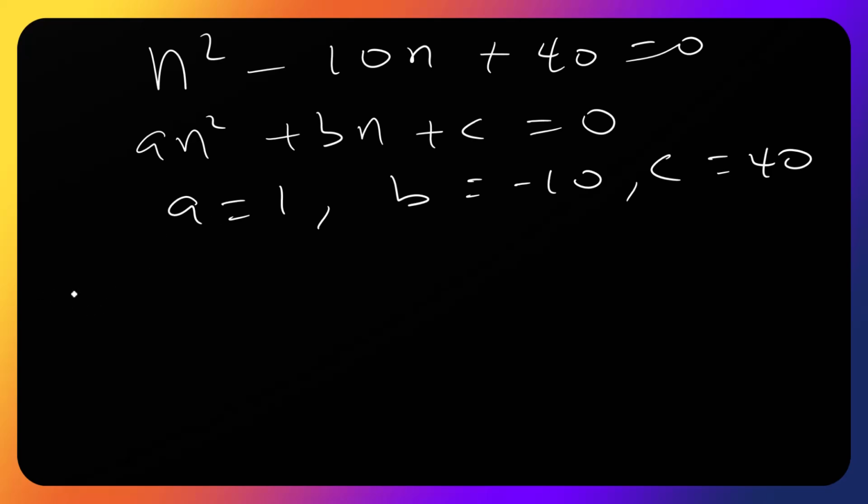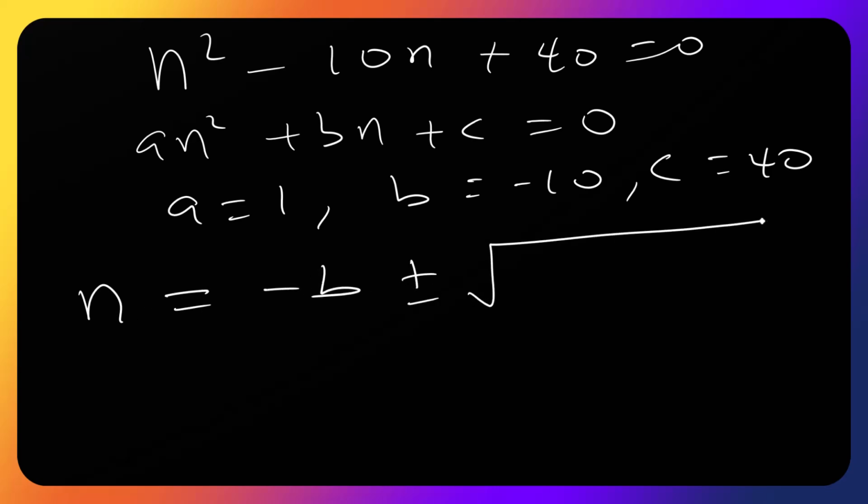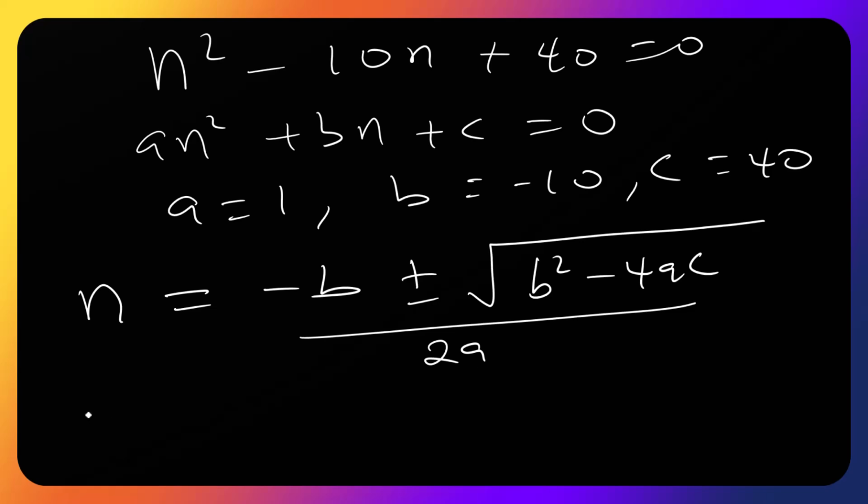So let's use the almighty formula. My N will be minus b plus or minus the square root of b squared minus 4ac, all on 2a. Let's do the substitution very quickly.